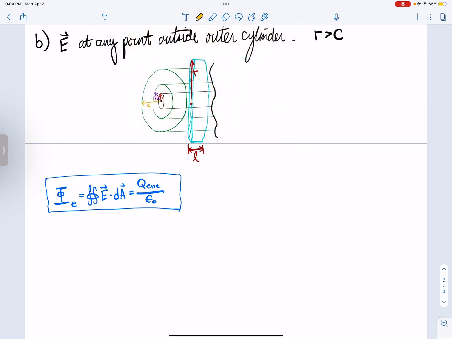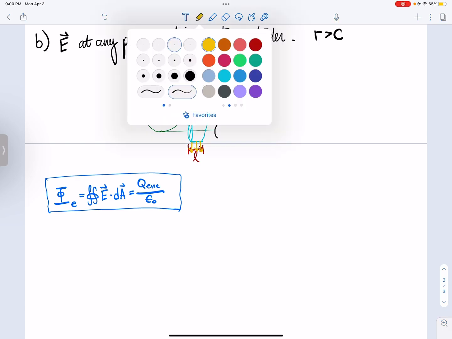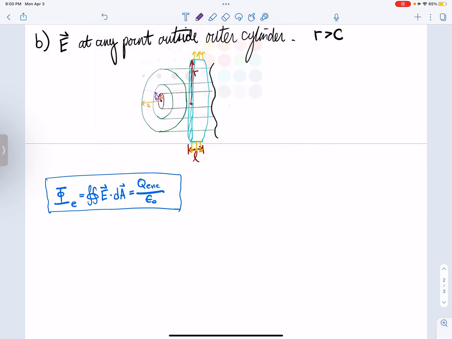I'm going to have electric fields that will be coming out this way because of this charged inner cylinder, right? And then I'm going to have my normal vectors for my Gaussian surface.